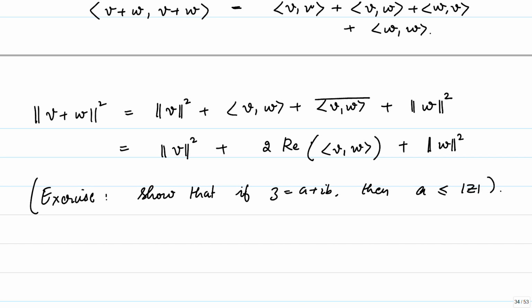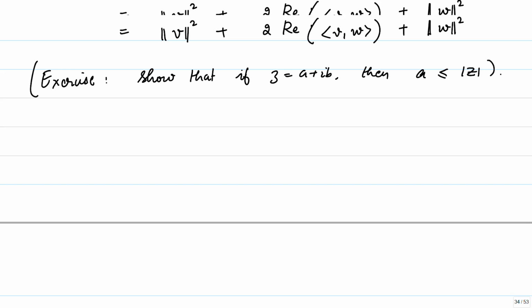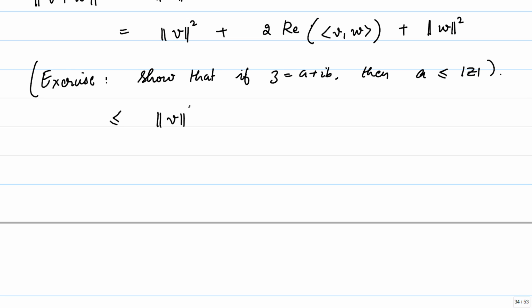Mod Z is the square root of A square plus B square. Clearly it is greater than or equal to A. So sit down and think about it, and with this we will be able to say that this is less than or equal to norm of V square plus 2 times the absolute value of the inner product of V with W plus the length of W square.